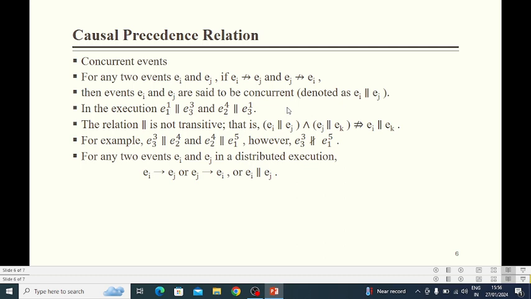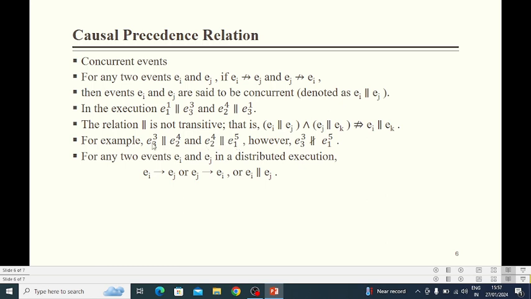Actually, the concurrency relation is not transitive. That is, Ei is concurrent with Ej and Ej and Ek are concurrent events, but it does not imply that Ei is concurrent with Ek. Ei and Ek are not necessarily concurrent events. For example, E33 and E42 are both concurrent events, and E42 and E51 are concurrent events.